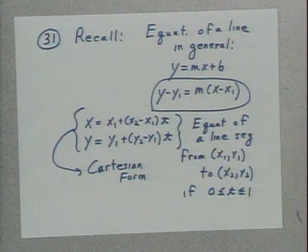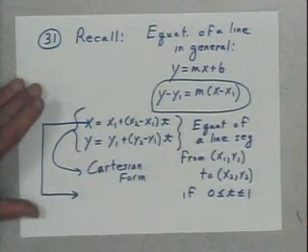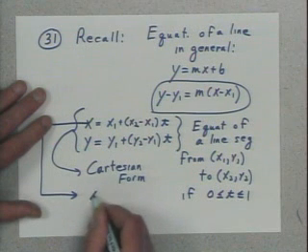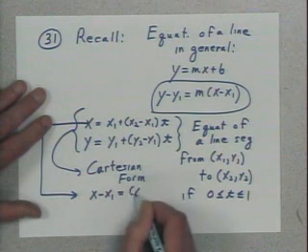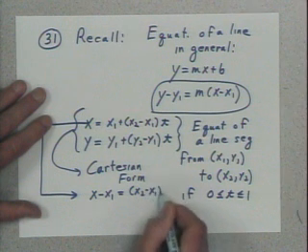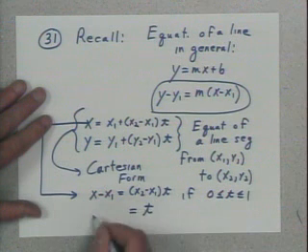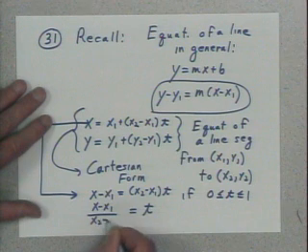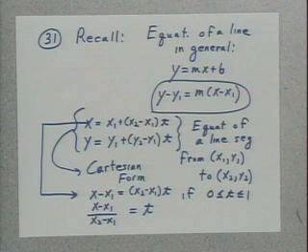Well, in the old days, we would solve for t and substitute into the other one. So we're going to take the first equation here and solve for t. Well, first I subtract x1, and I get this. Then solve for t, and what do you get? X minus x1 over x2 minus x1. Okay, I solved the first equation for t.